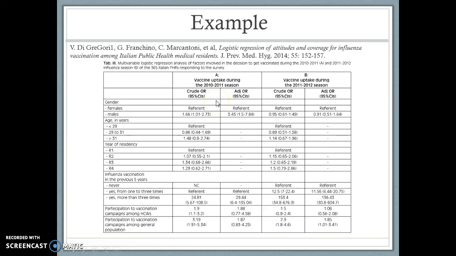Okay, so coming back, we look at our table again, and we see that the input variables are gender, which is dichotomous, male or female, age, which is in years, it's categorical, years of residency, categorical or ordinal. Influenza vaccination is categorical, so is the participation in the vaccination campaigns, dichotomous. The outcome variable is dichotomous, yes or no. So it's unitless.